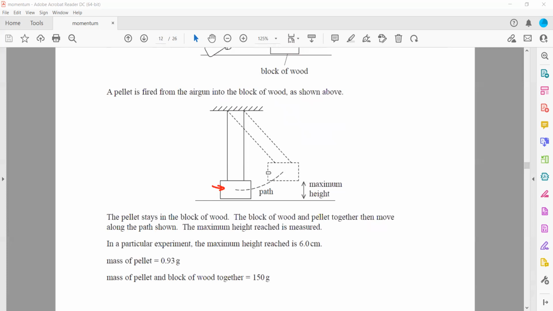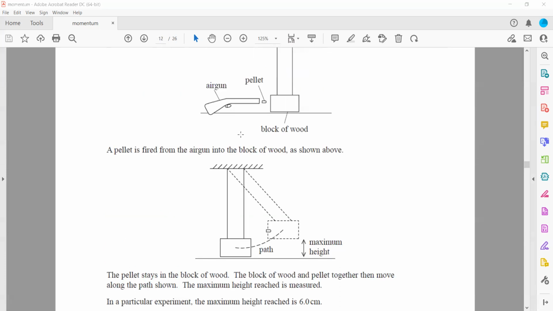The total momentum before collision is the mass of the pellet, m1, multiplied by the speed at which it is moving, u1. The mass of the wooden block is m2 and its speed is u2. But initially the block is stationary, so its initial speed is 0.